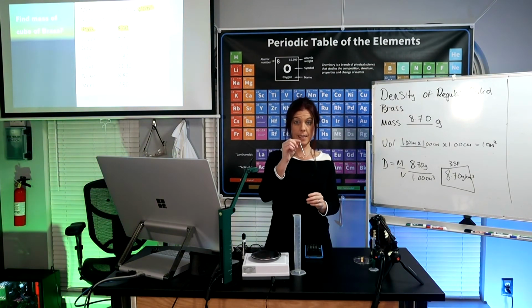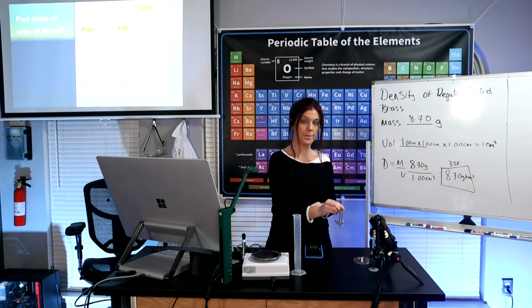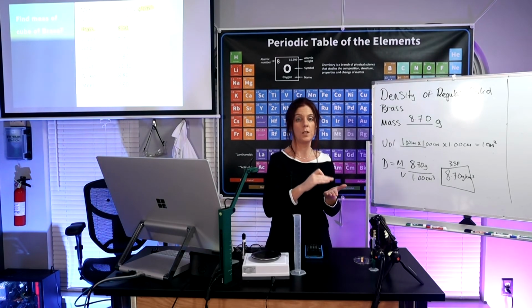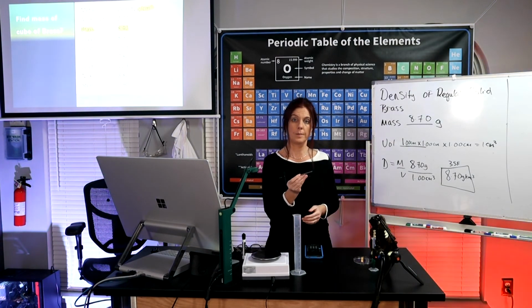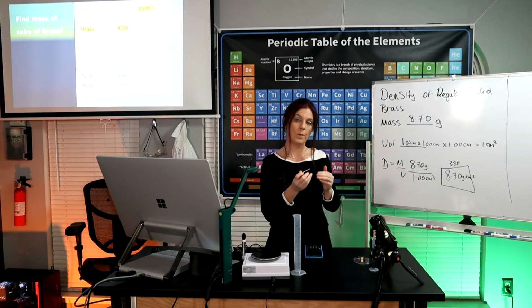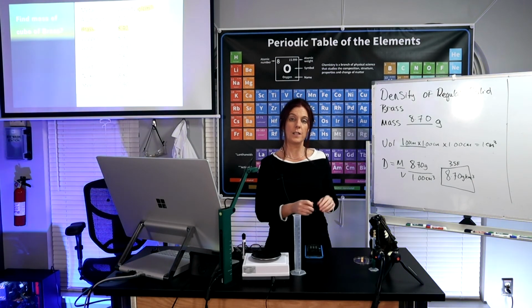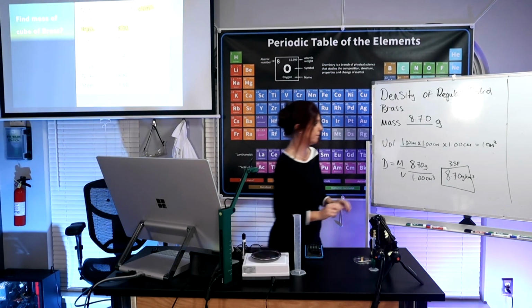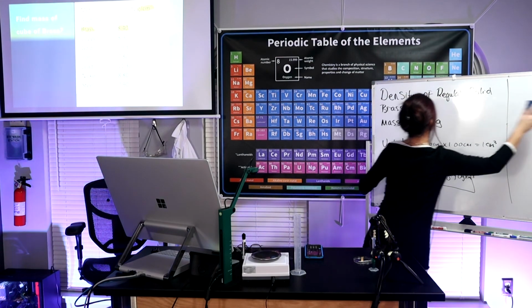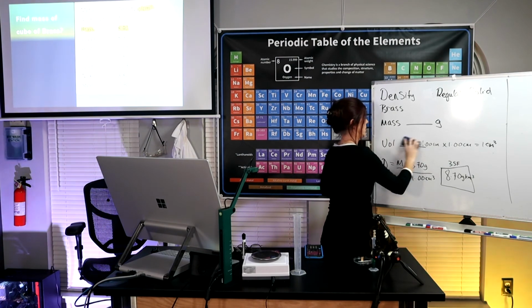I'm going to take the nail and drop it into our graduated cylinder. The difference between the two volumes is going to equal the volume of the nail. Then we'll divide our mass of the nail by that number, and that's going to give us the density of our nail. So let me go ahead and clean off the board. This time we're not doing a regular solid, we're going to do an irregular solid.